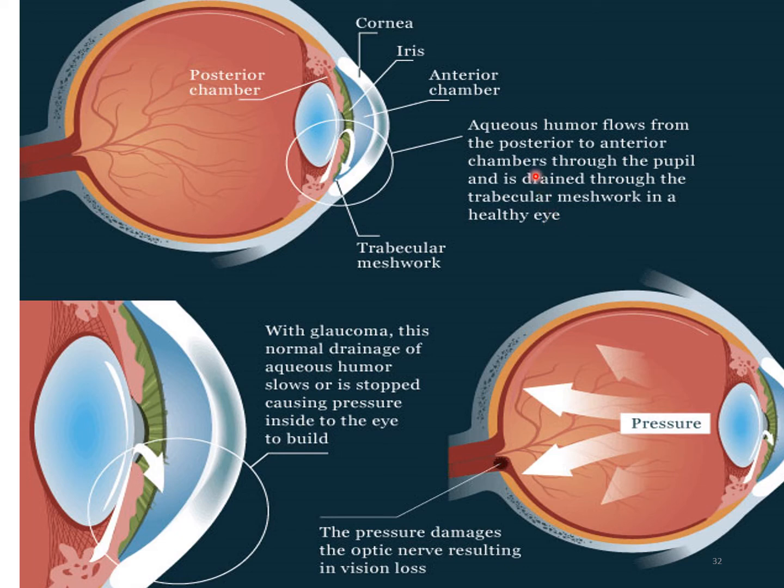That's your trabecular meshwork over here. In glaucoma, this normal drainage of aqueous humor slows or is stopped, causing pressure inside the eye to build up. The pressure damages the optic nerve, resulting in vision loss. So that makes sense.